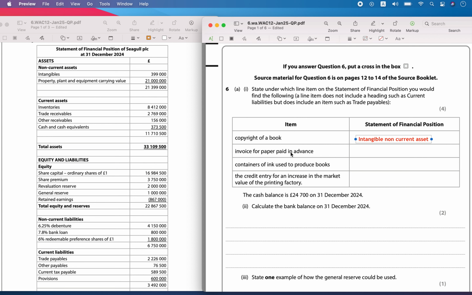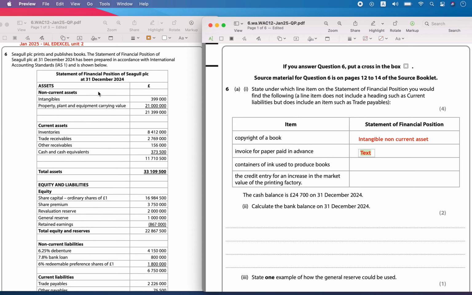Then invoice for paper paid in advance. If I pay an invoice for the paper, it is going to be other receivables. Why is it other receivables? Because I've already prepaid the expense, since it is going to print and publish the book.